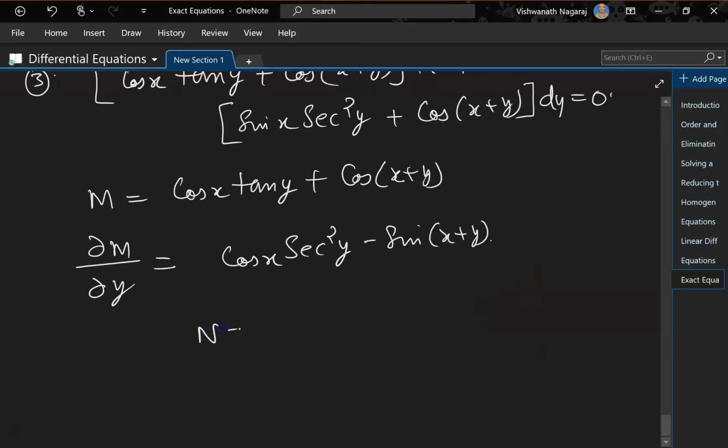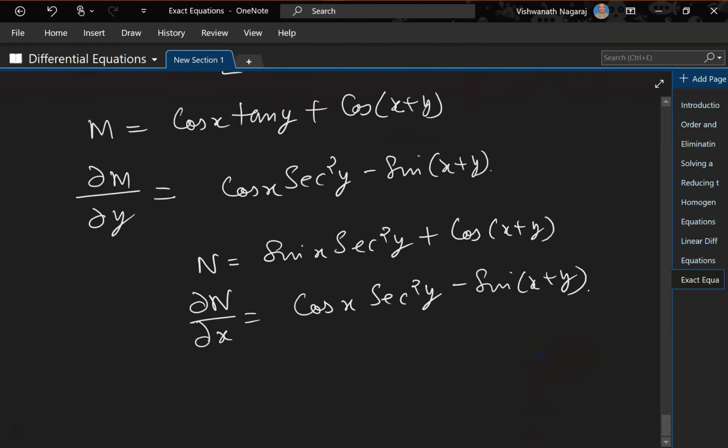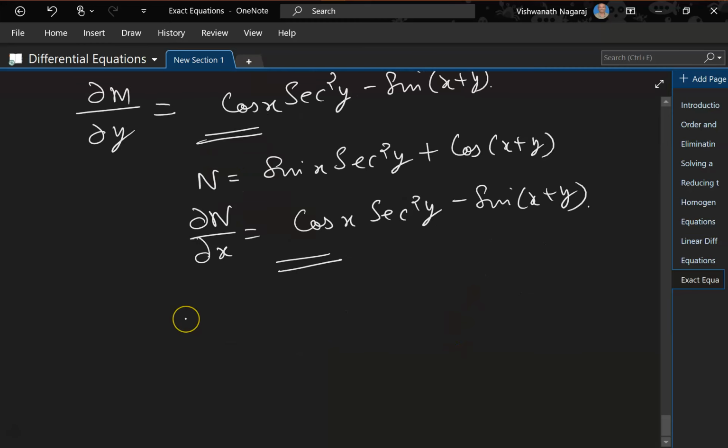Okay, N is equal to sin x sec² y plus cos(x plus y), and ∂N/∂x is, sin is cos, so cos x sec² y plus, again this would be minus sin(x plus y). So again this is equal to this. So therefore there is an exact solution.